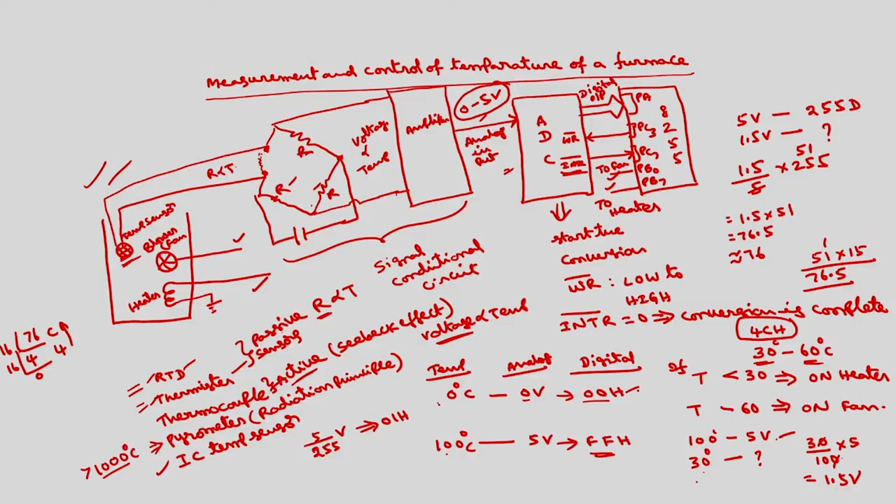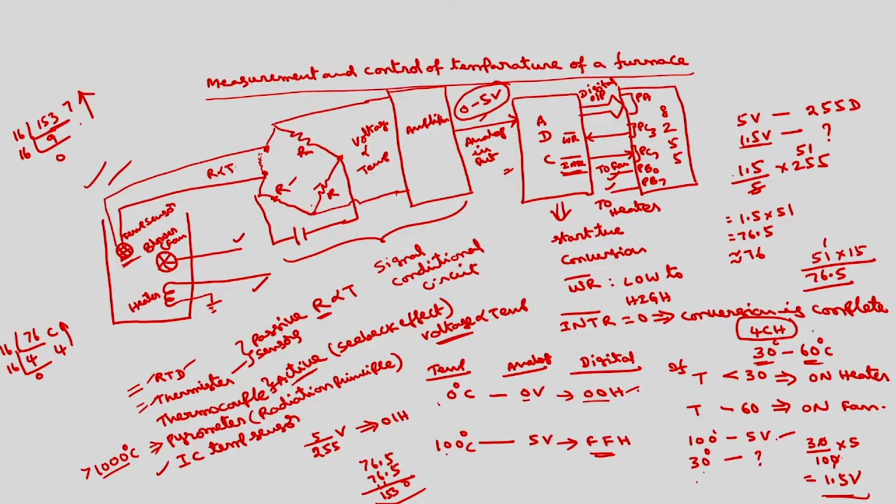So 3 volts means twice that of 76.5, that is 76.5 plus 76.5, which is 153. The hexadecimal equivalent of 153: sixteen 9s are 144, remainder 9, 16 zeros are 0, so 99H... 97H.